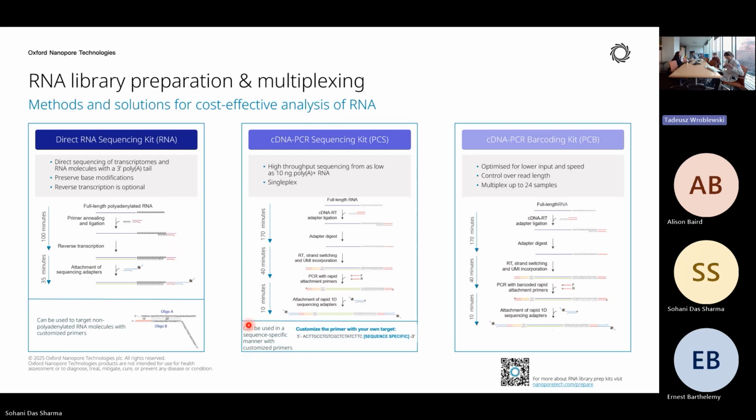What if I make the library using a different kit and then add the adapter? I don't know what you mean by different kits. I did go to Illumina and ask them if there is any way we can make a library for microRNA.